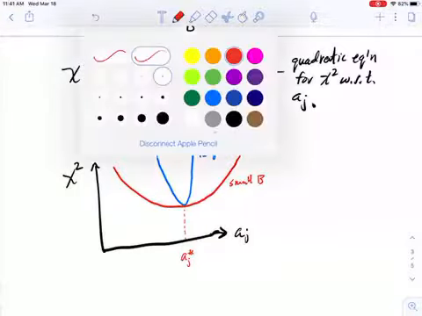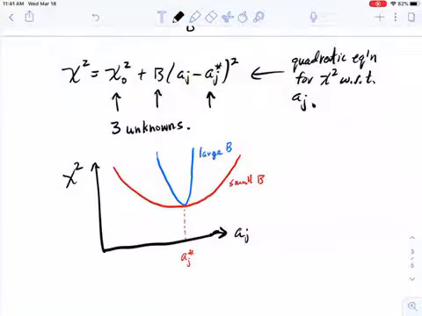Okay, so if we think about this a little bit, what is it really telling us? It tells us that in the red case, if we sit at the minimum and then vary the value of our best fit parameter, there's not much change in chi-squared. And so chi-squared is pretty insensitive to relatively large changes in aj star.